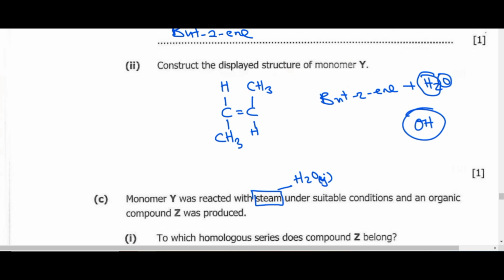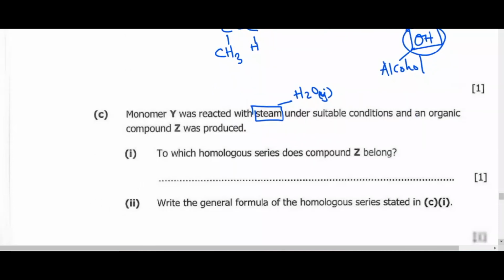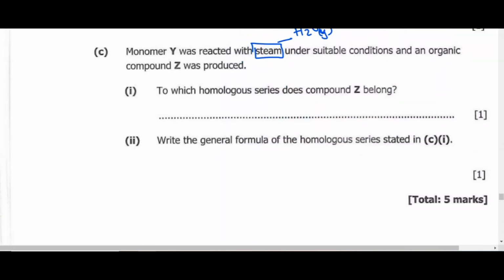Now when you remember very well, this one will help us to identify the family the homologous series belongs to. So in this case, that is an alcohol. So that is the answer there.